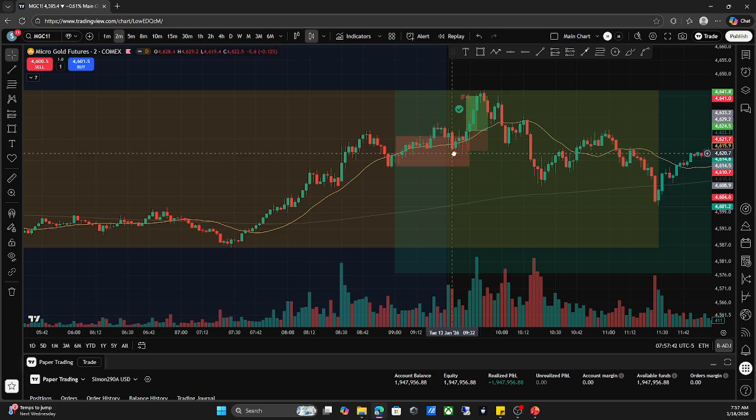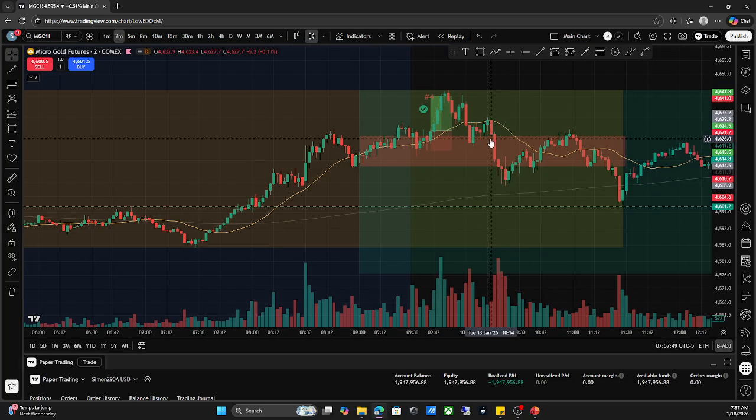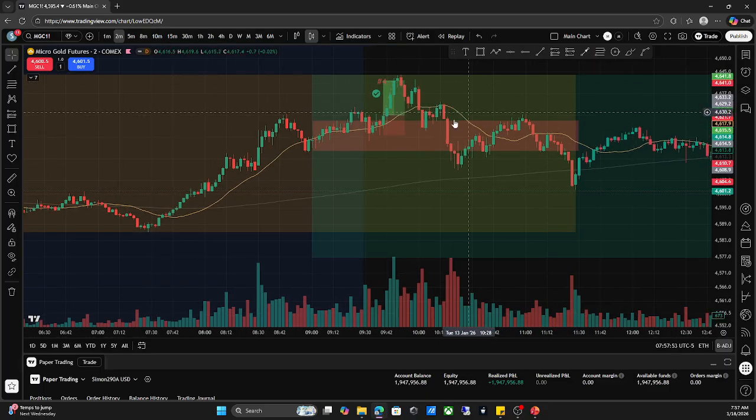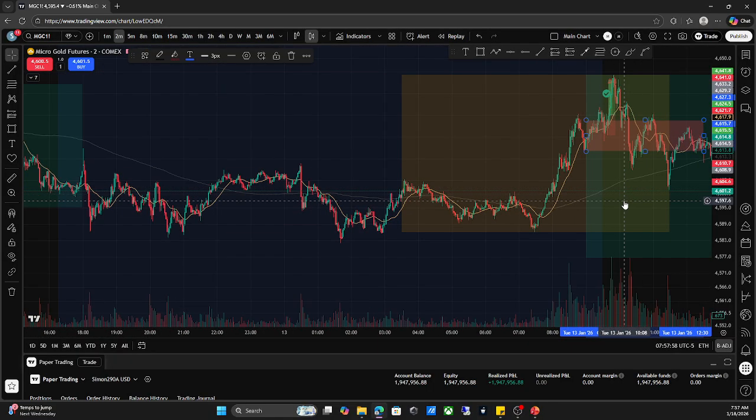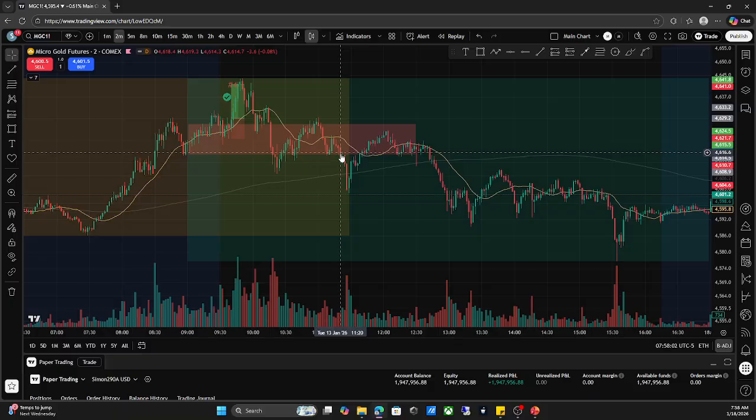If you hang around a little bit and you want to take more trades, you just wait, and every time you have a clear break you can go for it. But you can see that for the rest of the day, I don't think there was going to be a clear break. There was a break here, and then you have to wait for the retest.